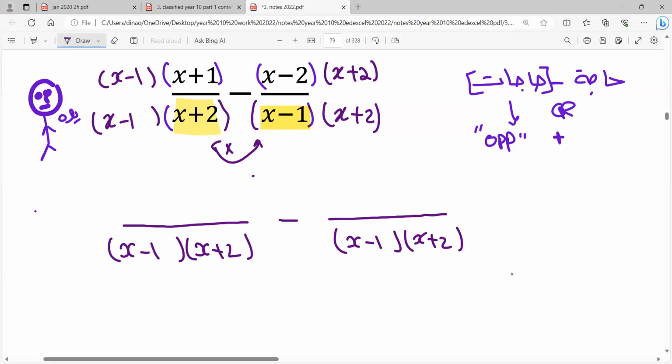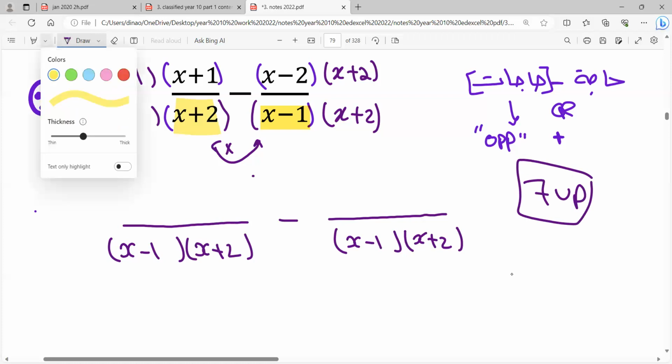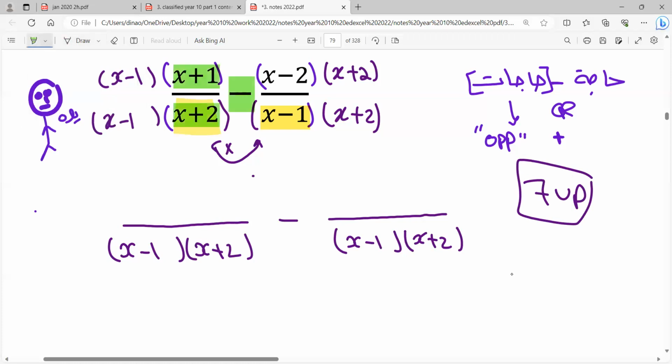The 7 up step is where we said work out everything on top: multiply up, expand up, combine up. We already have a video on how to multiply brackets. Here you'll find that these brackets are almost the same brackets. If you forgot this, you can refer to the video on multiplying brackets.